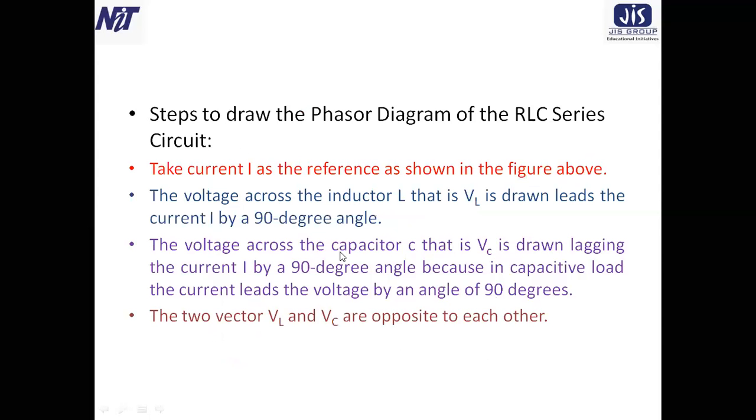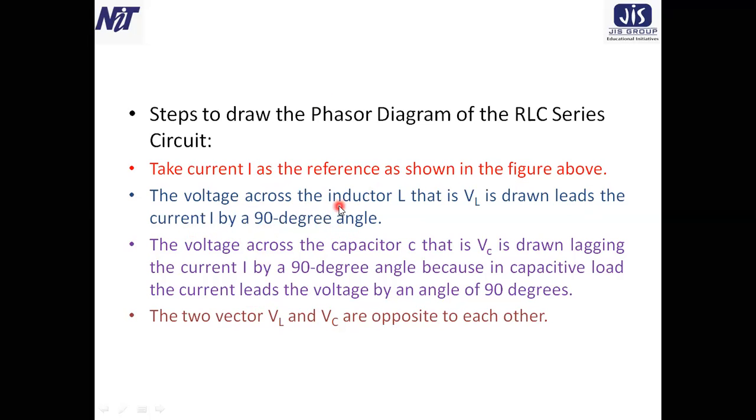Now, just the topic I discussed in the previous slide is written here. Steps to draw the phasor diagram of the series RLC circuit. Take current I as reference as shown in the figure below. So we consider here current I. The voltage across the inductor L, that is VL, leads the current I by 90 degrees.